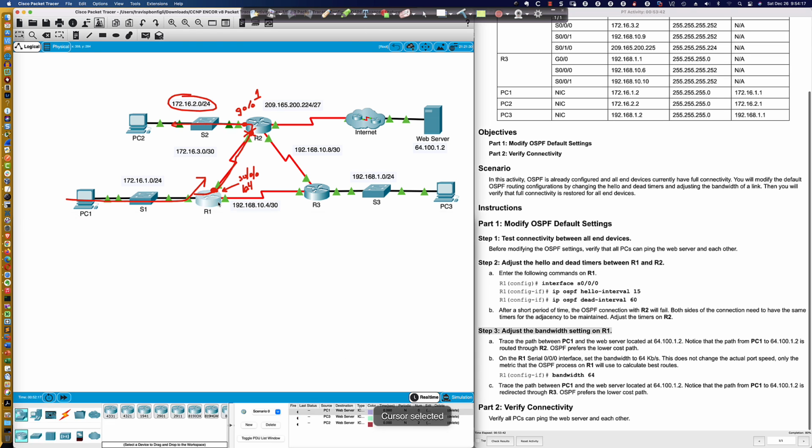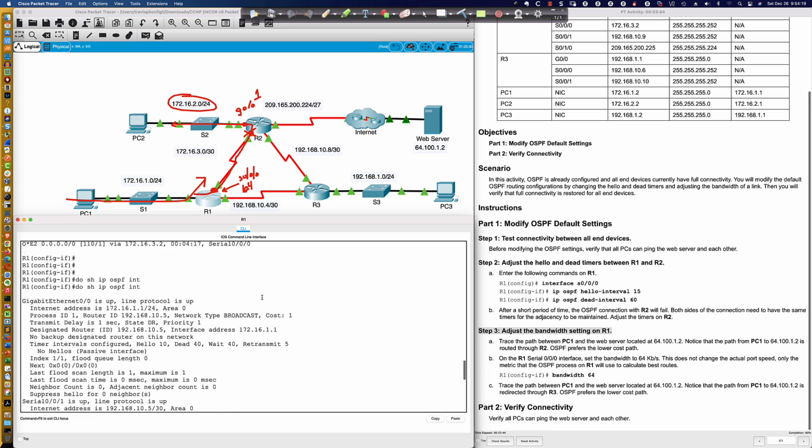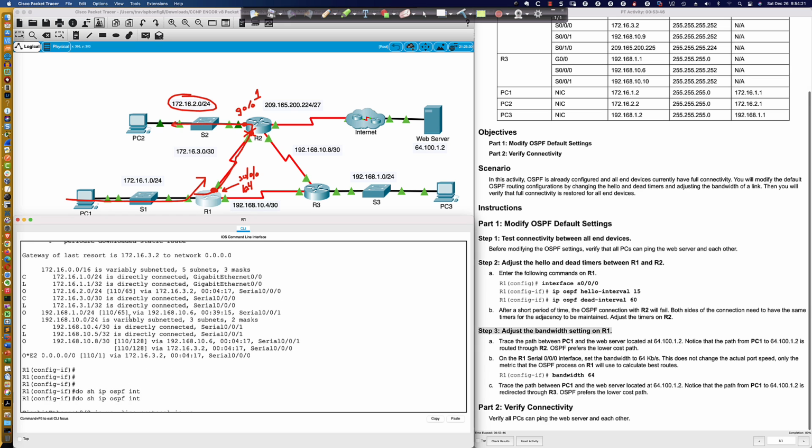We look at the routing table again here on router 1. What did it say my cost to reach that 172.16.2 network is going to be? It's going to be 65. And the cost is the same to come out that interface and then this interface on router 3 to get to the 192.168.1. It's going to be 64 and then it's going to be 1.